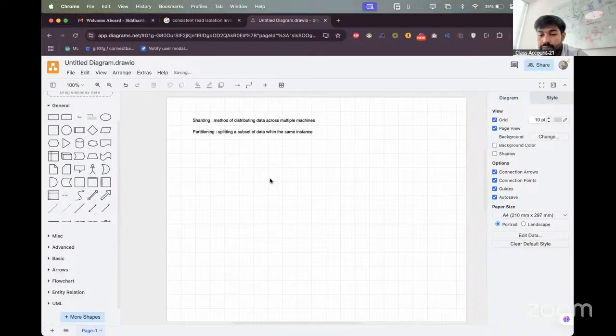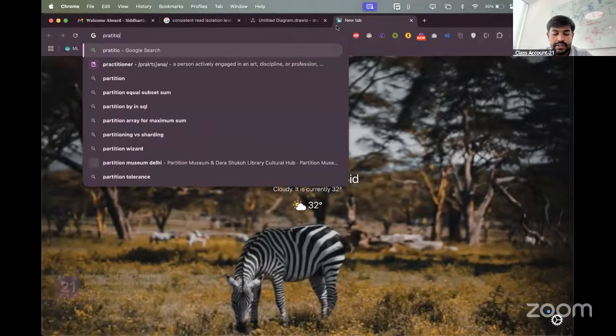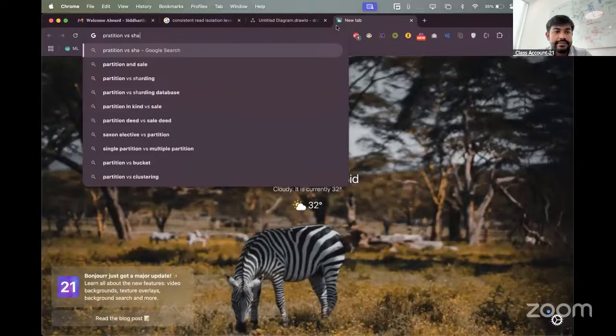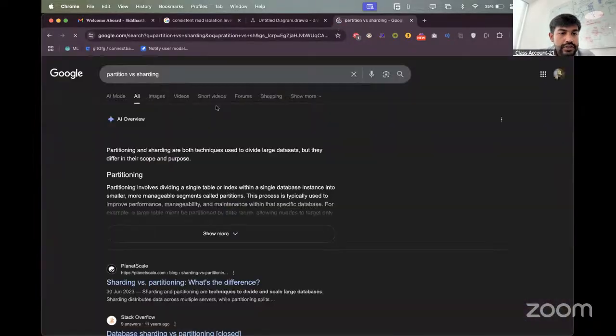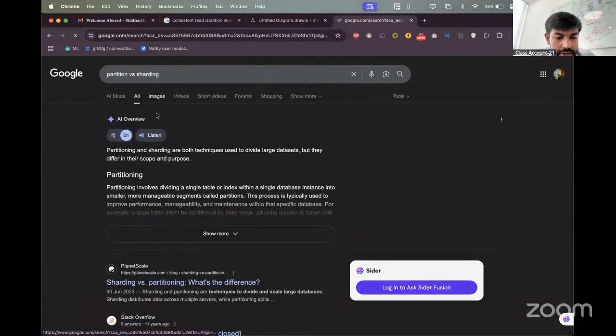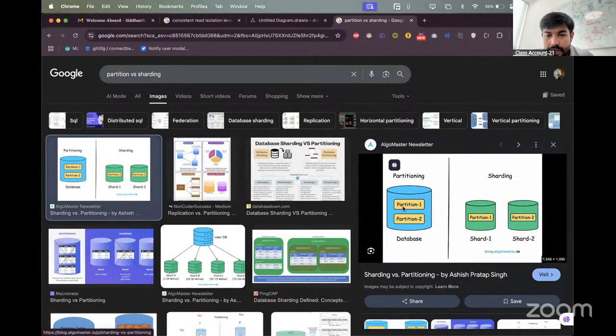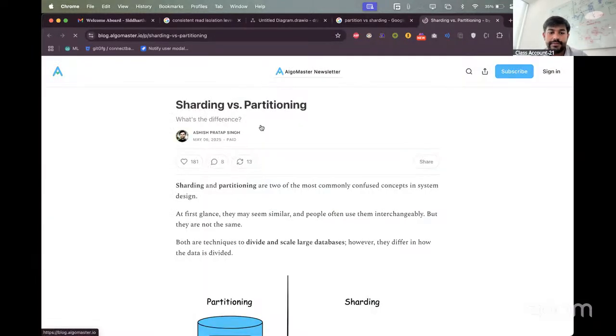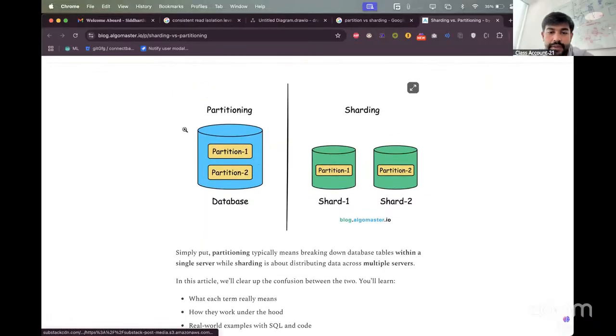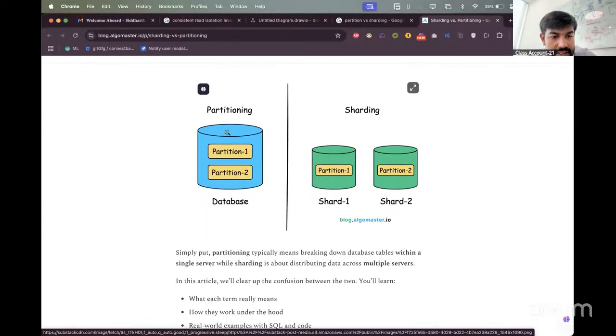Okay. Now, let me give you an example of how data is partitioned. So, partition versus sharding. I would show you the image. Yep. This image is something which I want. So, see, partitioning is where partition 1 and partition 2 both are in the same database.